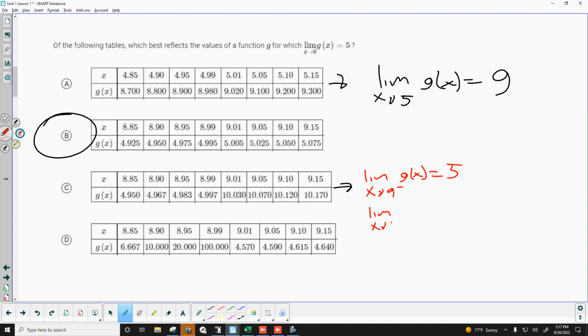It shows you that to the right of 9, I'm getting close to 10. That means, if I wanted just one statement, it does not exist. A graph has a jump, it's going to jump down. Cool.